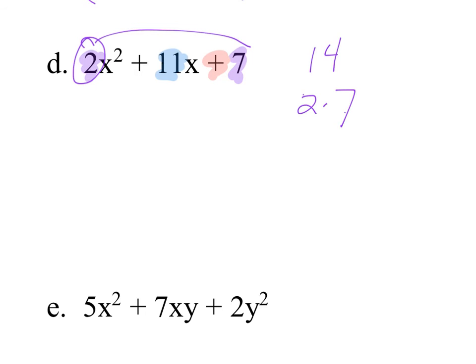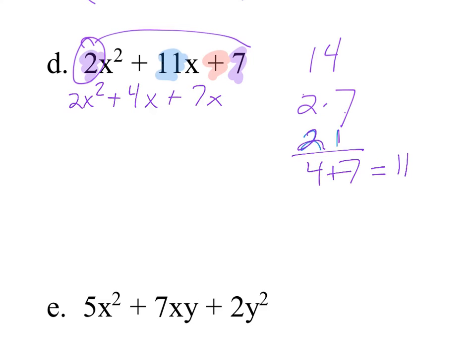All right, so yeah, if I use 2 and 1, I have 4 and 7, which do add to 11. All right, so I have 2x squared plus 4x plus 7x plus 7.